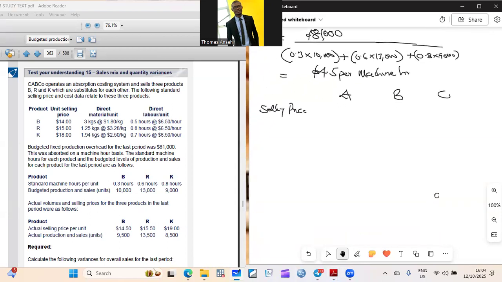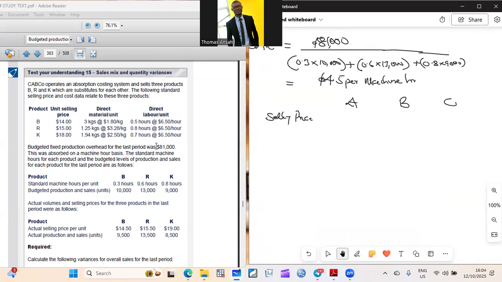Is that okay? Same question, 81,000, and these are the same things. So these are the standard for the three products. We did 81,000 and we used this one for overhead. So what will be the standard selling price for A?